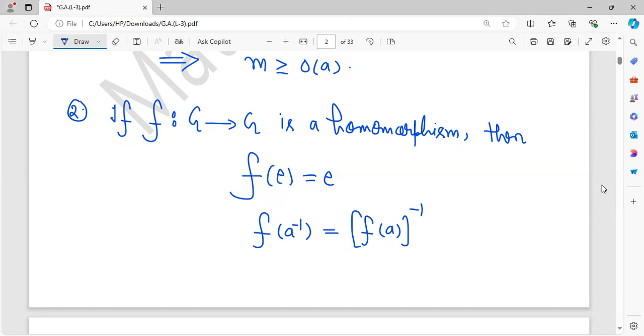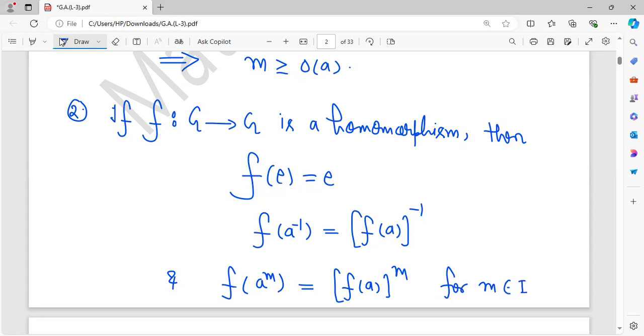And the last one is that you take any a to the power m here. This is always f(a) to the power m, for m belongs to the integers.